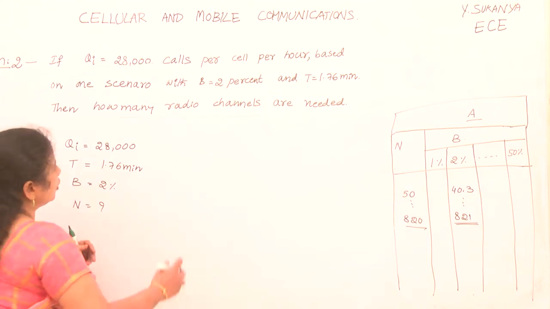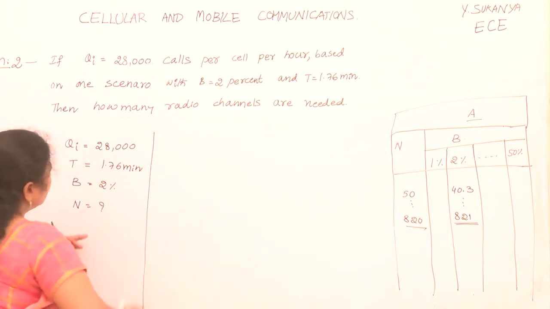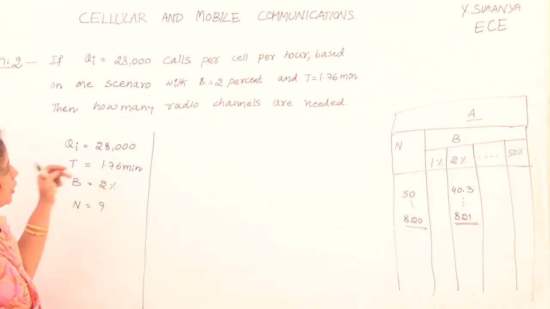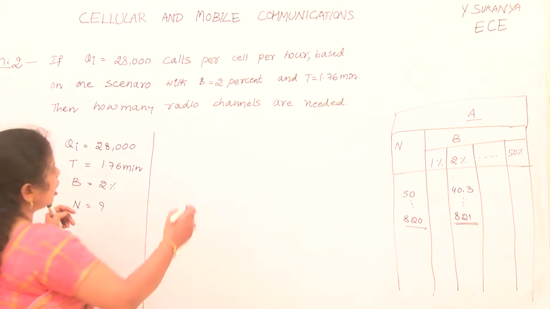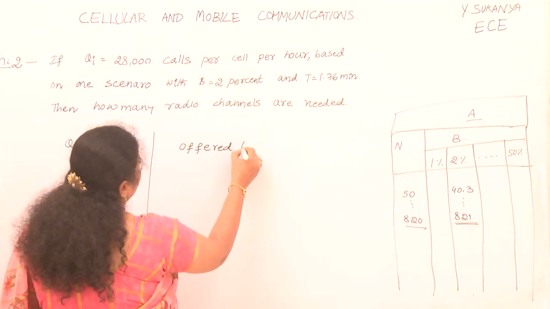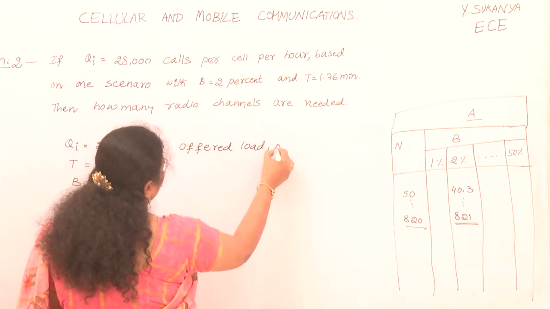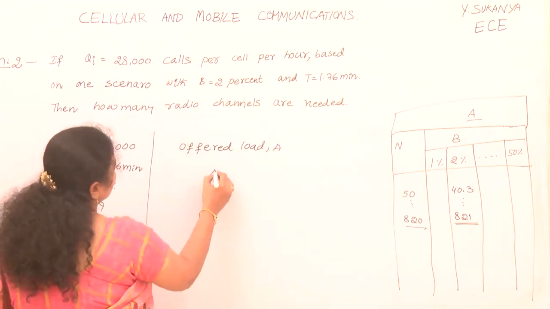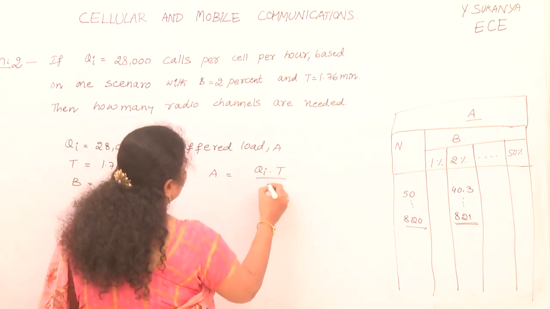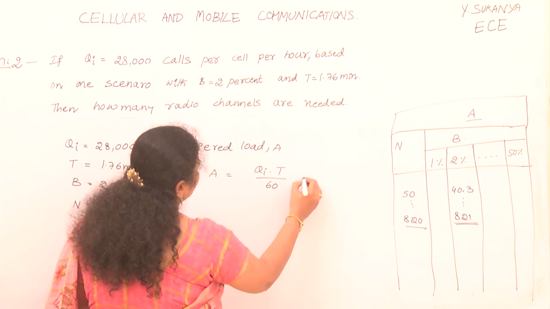Okay, so in order to calculate the number of channels required, we need to calculate first the offered load. The offered load A is calculated using A equals QI into T by 60 erlangs.